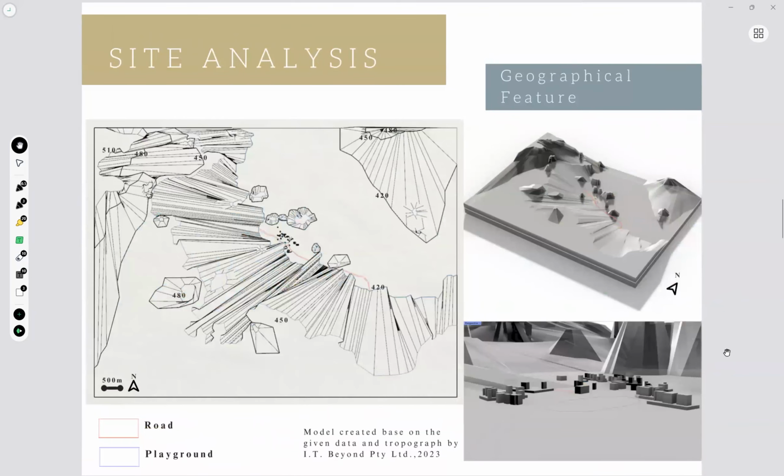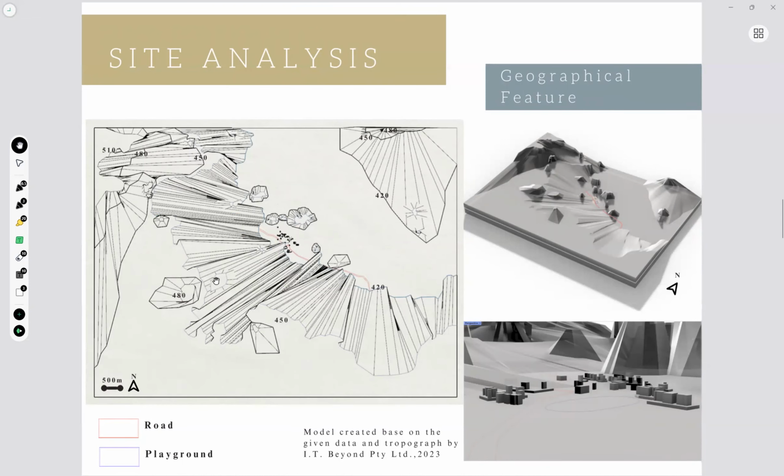Site analysis. This is a topographical map that I made based on the data I found online. And you can see that the Kura community, which is our site, is right at the very bottom of the mountain.